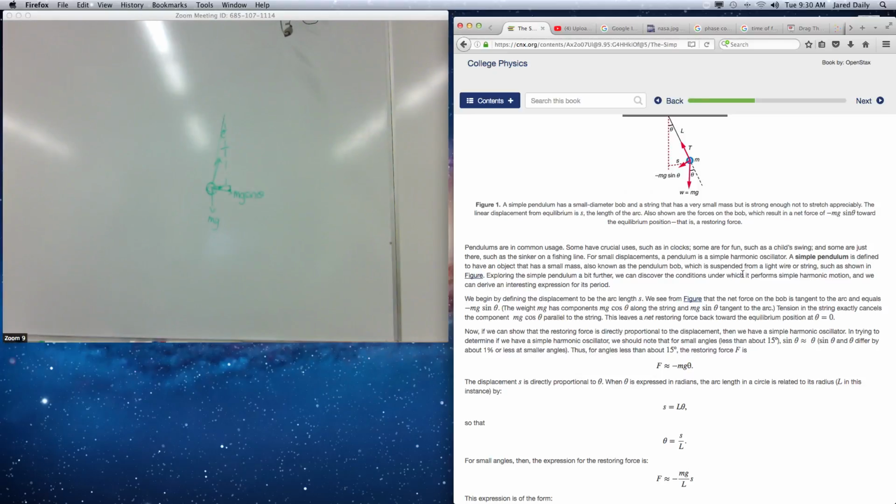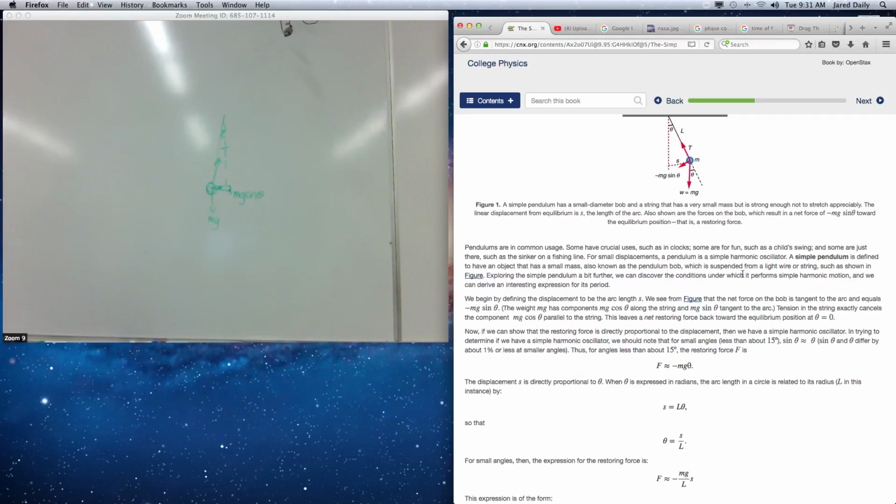So if you have a very small angle, and it has to be in radians, a very, very small angle in radians is like an angle of 0.01 radians. So if you have a 0.01 radian angle, then the sine of 0.01 radians is about 0.01. So you can get rid of the sine, which is really nice, actually.